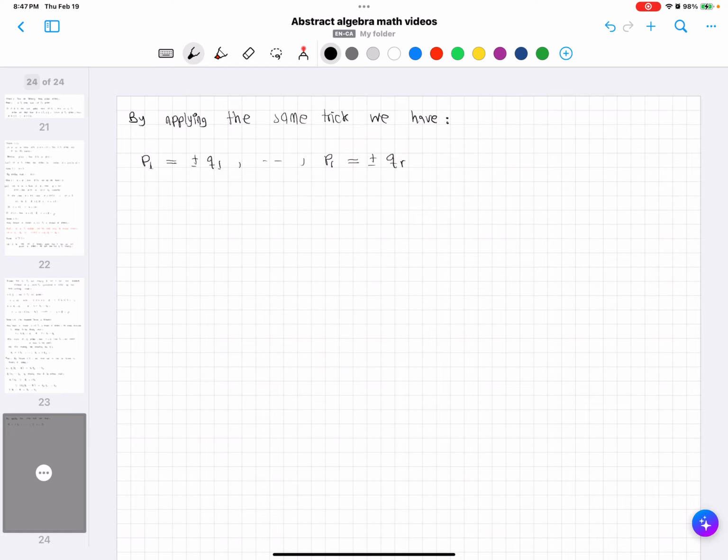So we would be done if we had that R and S are equal to each other.